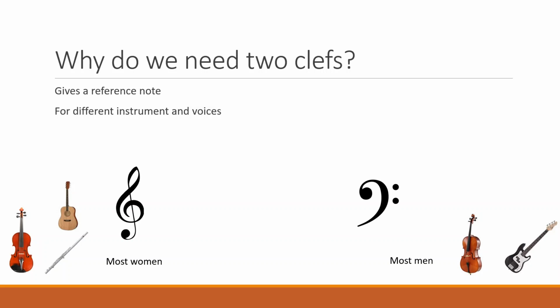For higher-ish pitched instruments, you usually use the G clef, also referred to as violin clef or treble clef. And for the lower instruments, such as mentioned before, bass guitar or double bass, cello, as well as lots of men, who are usually a lot lower than women, you use the bass clef, also referred to as the F clef. And then you also have the alto clef, which is used when you are playing the viola.